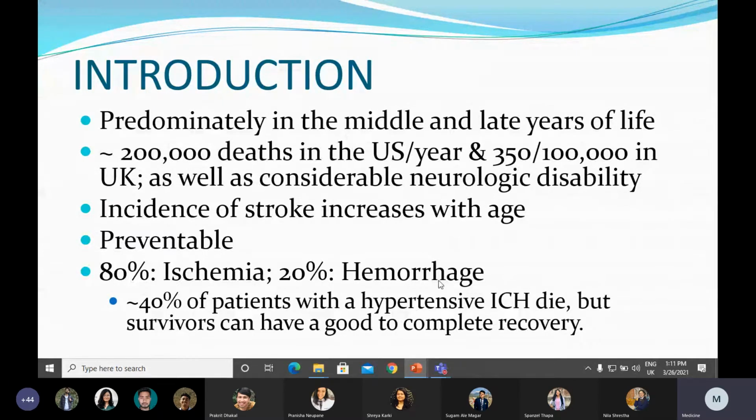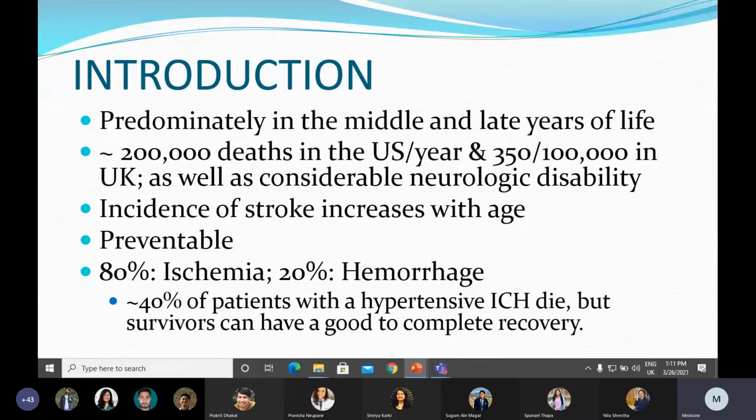If you look at the total stroke, then 80% of the stroke is because of ischemia and 20% is because of hemorrhage. And if you look at the hemorrhage part, 40% of the patients with hypertensive intracranial hemorrhage die, but the rest survive. If the 60% survive, then they can have a good recovery and complete recovery also.